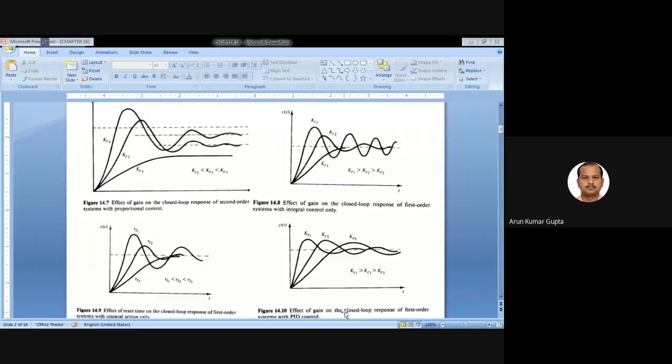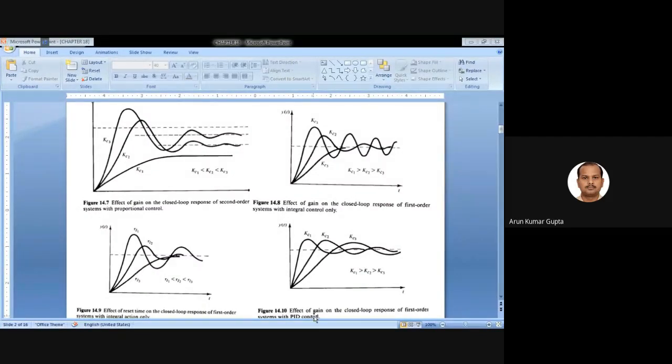Effect of the gain on the closed loop response of the first order system with PID. Kc1 is the highest value, so the rise time will be less, and the oscillation will be like this.